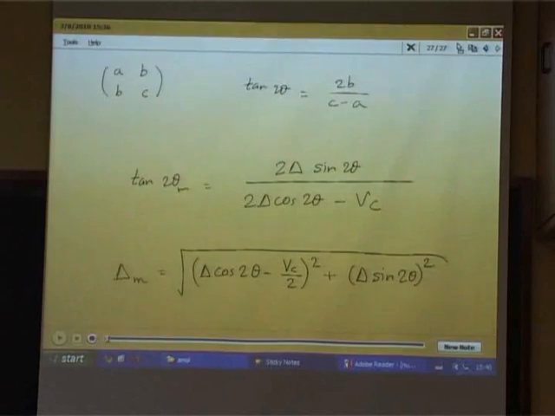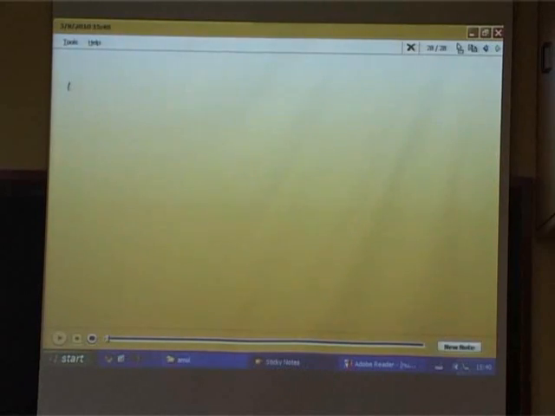So let's look at some features of this. Let's look at this tan 2 theta. Let me write it again. tan of 2 theta m is equal to 2 delta sin 2 theta divided by 2 delta cos 2 theta minus VC.